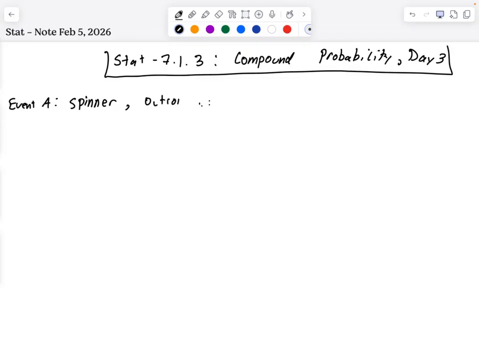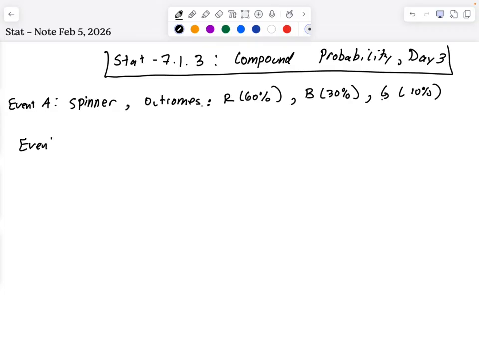The outcomes of the spinner are red at 60%. I guess I could have done choosing from a bag. Blue at 30% and green 10%. Okay?